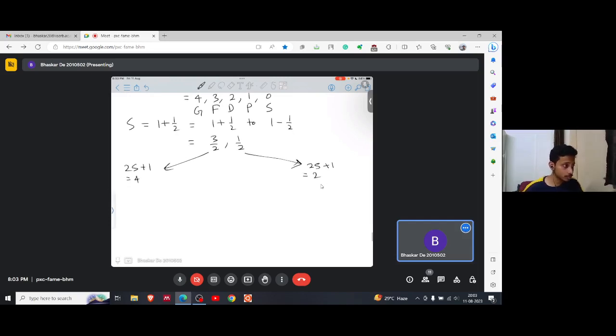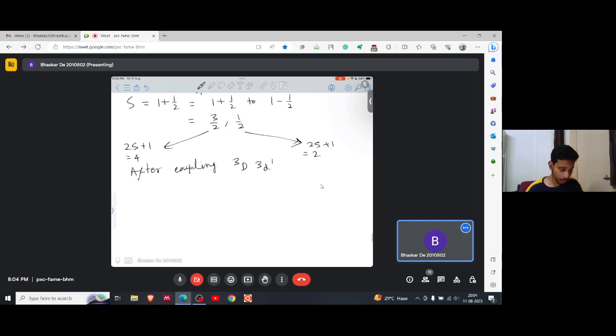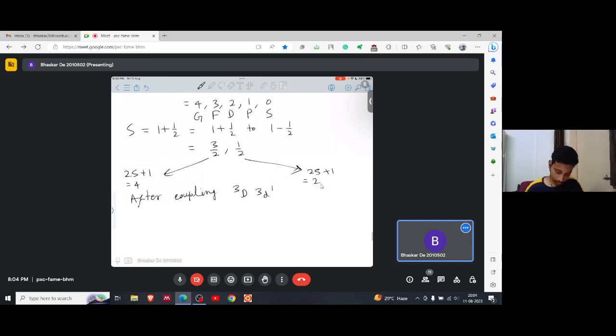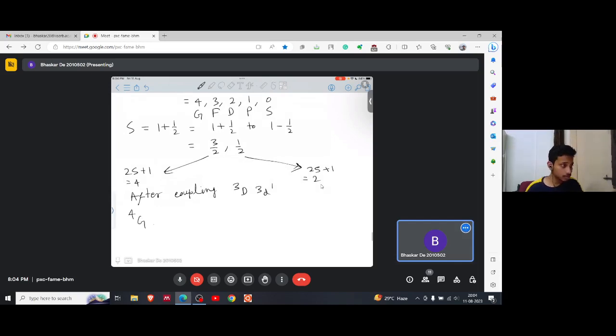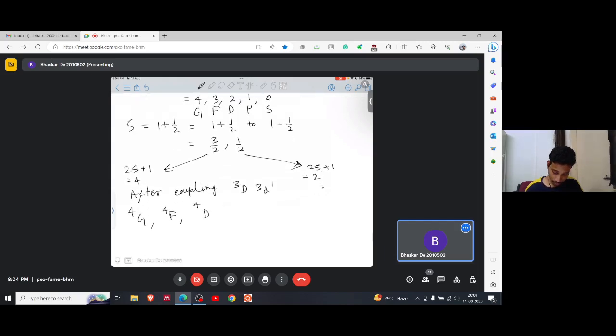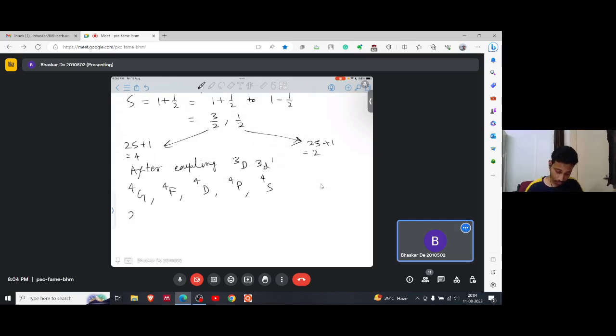So the possible term symbols due to coupling 3D 3D1 are 4G, 4F, 4D, 4P, 4S, then 2G, 2F, 2D, 2P, 2S.